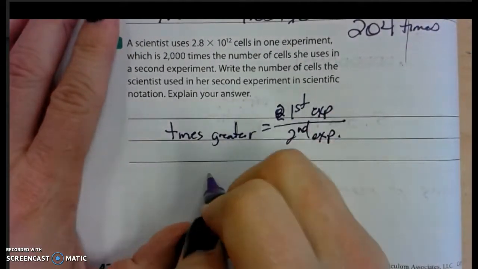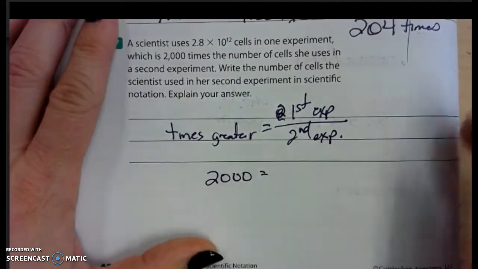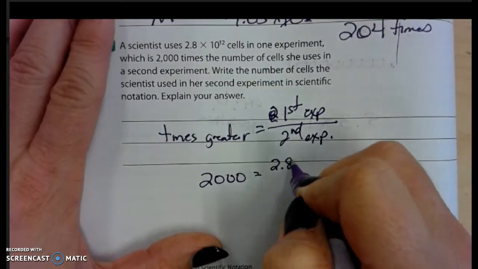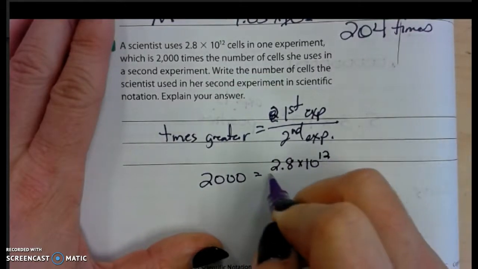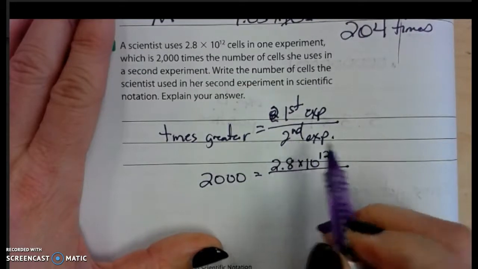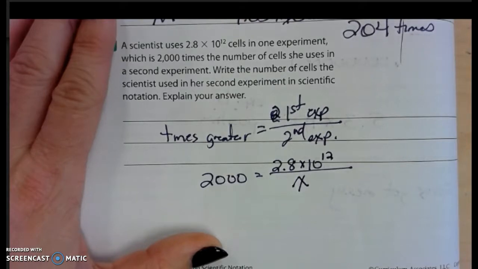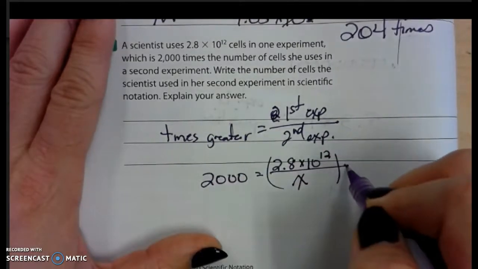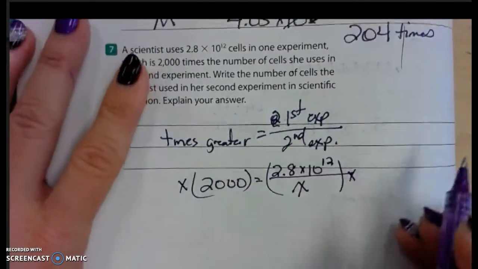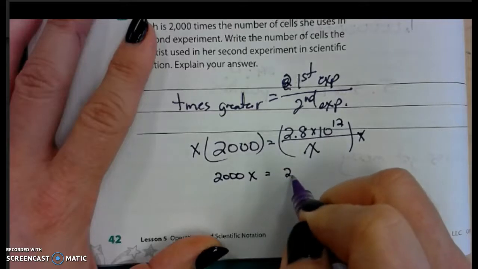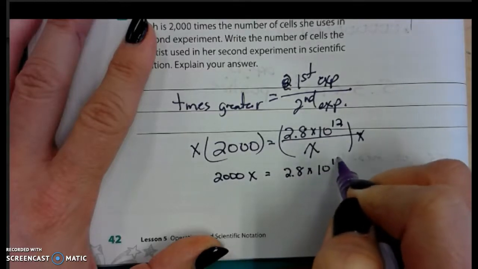The number of times greater they gave us, 2,000 times greater, is equal to the first experiment, 2.8 times 10 to the 12, divided by the second experiment, which we don't know. So we're going to call it x. Now I'm just going to solve for x. I need to move the x out of that denominator, so I'm going to multiply both sides by x, which is going to give me 2,000x equals 2.8 times 10 to the 12.